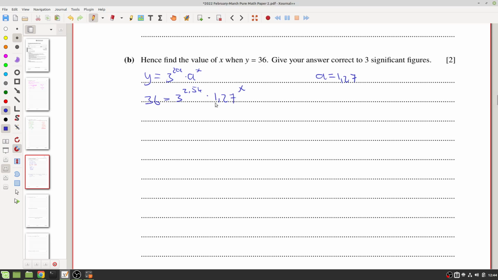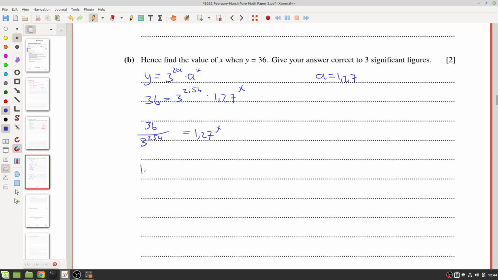I want to get this part by itself first, so I'll divide both sides by 3 to the power 2.54. That gives us 36 over 3 to the power 2.54 equals 1.27 to the power x. Since we're trying to solve for an unknown exponent, we want to use log of both sides again.